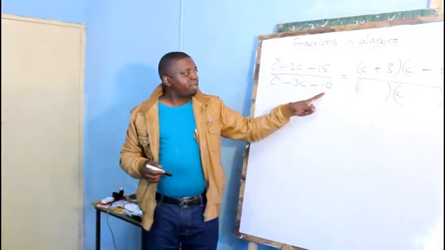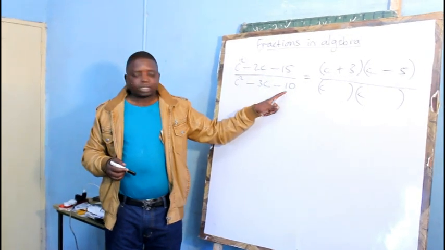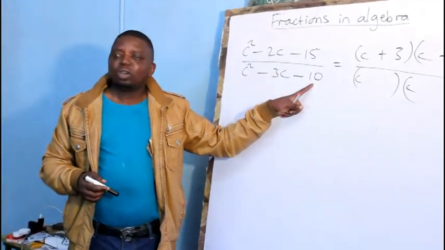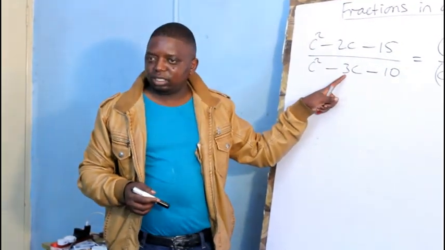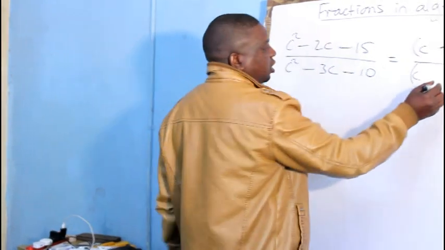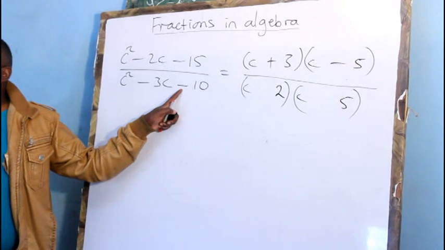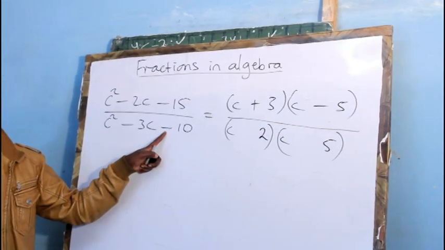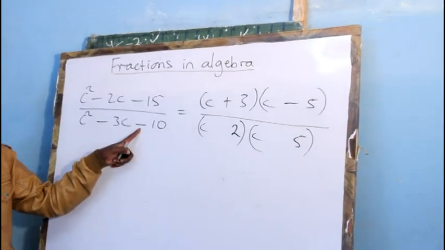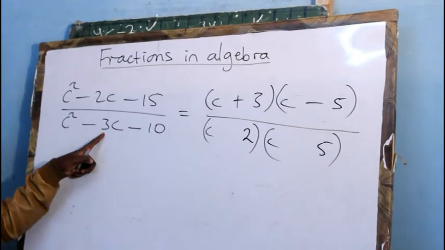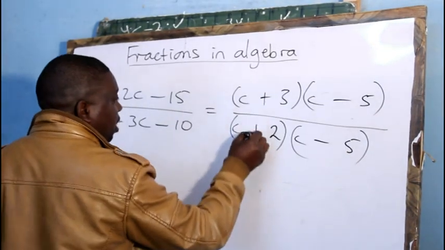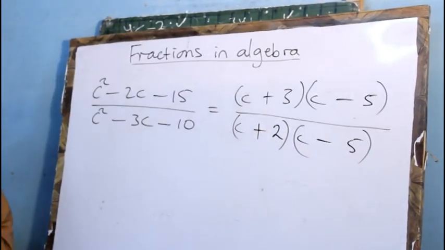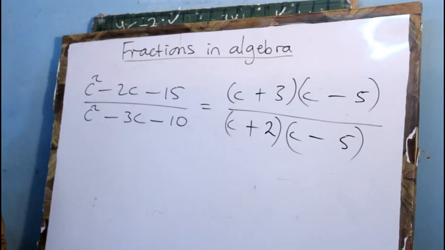Again on the denominator, we find two factors of 10 which when subtracted give 3. Which are the factors? 2 and 5. They are of different signs because the third term is negative. So the bigger factor takes the sign of the middle term, negative. So it is c minus 5 and c plus 2.